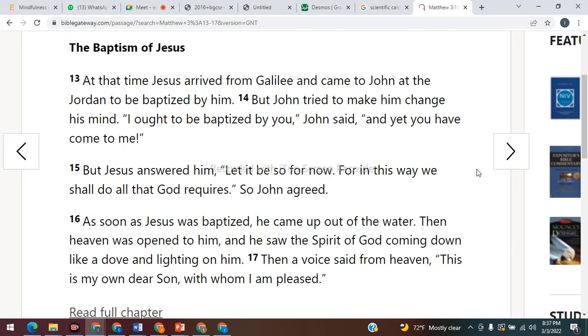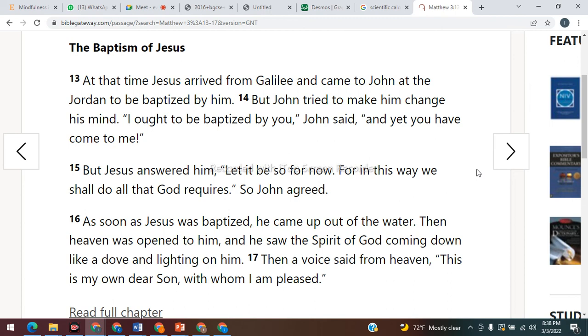At the time Jesus arrived from Galilee and came to John at the Jordan to be baptized by him. But John tried to make him change his mind. "I ought to be baptized by you," John said, "and yet you have come to me." But Jesus answered him, "Let it be so for now. For in this way we shall do all that God requires."